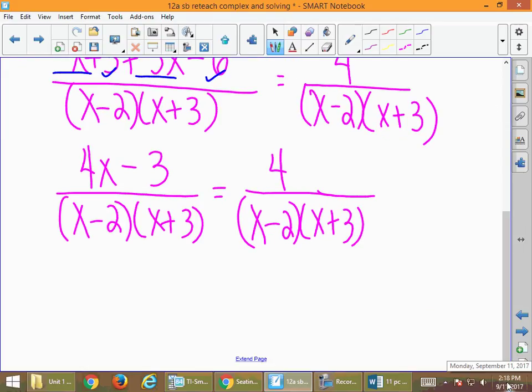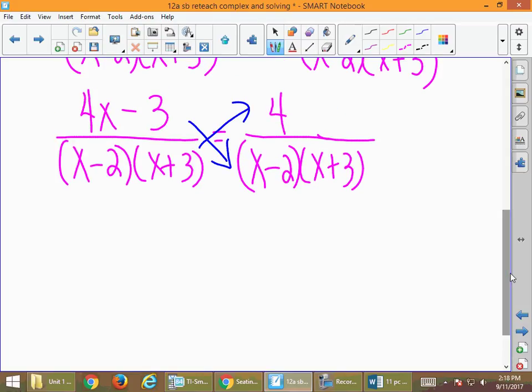And if you have been doing as much of the practice as you possibly can, what you have finally seen is once we have the common denominator, because we have one on here, you essentially can cross out the denominator at this point. Now I'm still going to show my work, which is we're going to cross multiply here. And when we cross multiply, we have 4x minus 3 times x minus 2 times x plus 3.